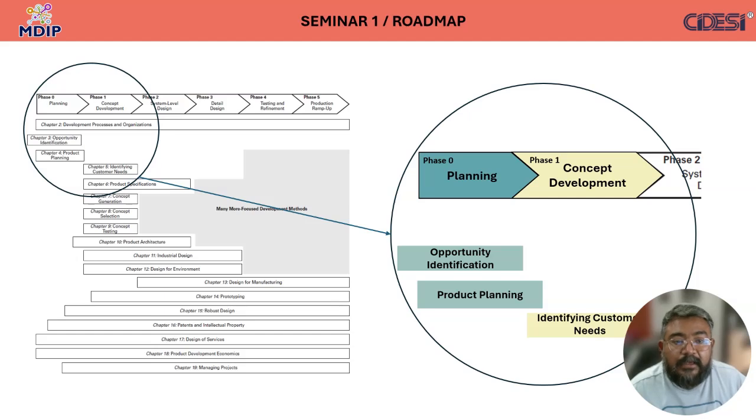On the right, we see the introductory phases of the process, the planning phase, and the first part of the concept development, corresponding to the content of this seminar. Throughout this presentation, we will show the execution of each of these stages.